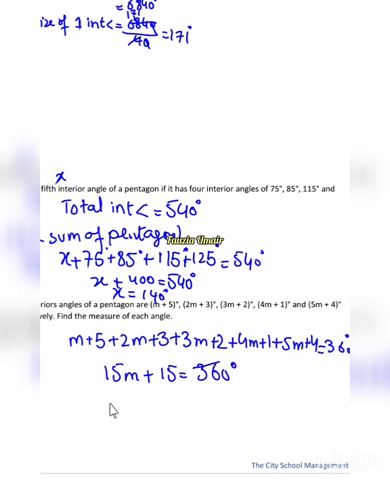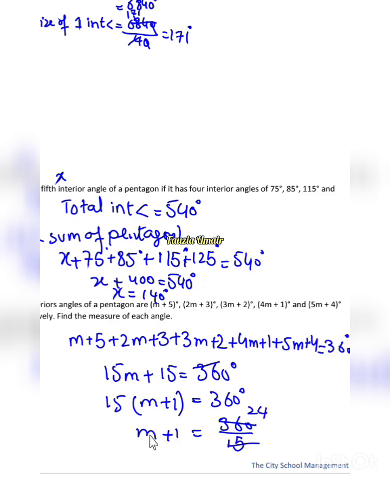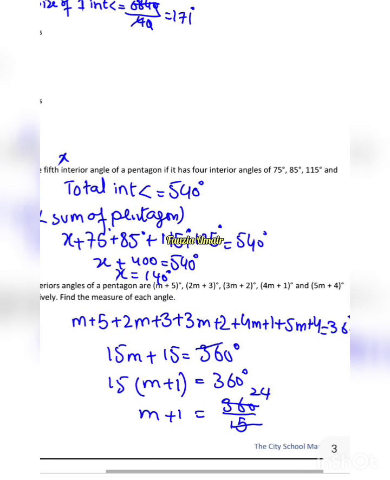If I take 15 common, it would be 15 times (m plus 1) is equal to 360 degrees. So m plus 1 is equal to 360 by 15. If I cancel this out, 15 times 4 is 60, so m plus 1 is 24. So m is equal to 23 degrees, because this one will go on the other side.